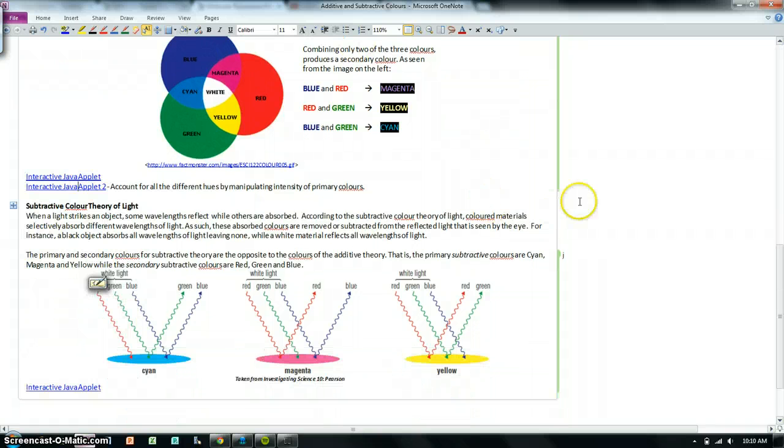On the other hand, subtractive color theory deals with things we see like shirts and desks, things that we see physically. They reflect light, and it's the reflection of light that allows us to see them. If you look below, when we see the color cyan, we don't see this color. What we're seeing is the reflection of blue and green light to our eyes.